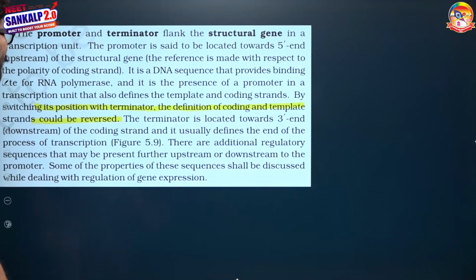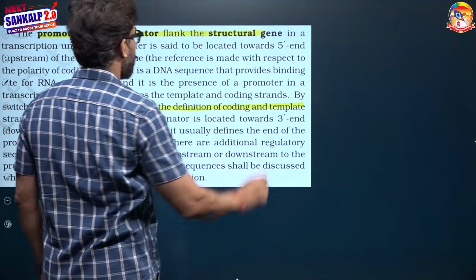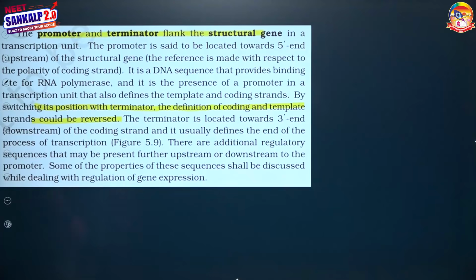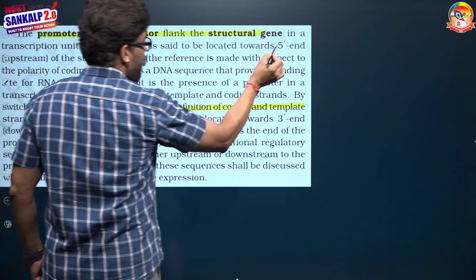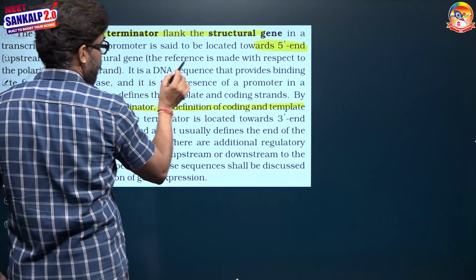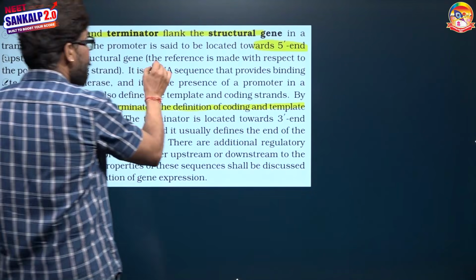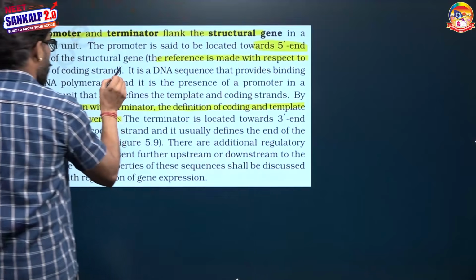As I said earlier, the promoter and terminator flank the structural gene, a very important line. The promoter is said to be located towards the 5' end, upstream to the structural gene. The reference is made with respect to the coding strand.